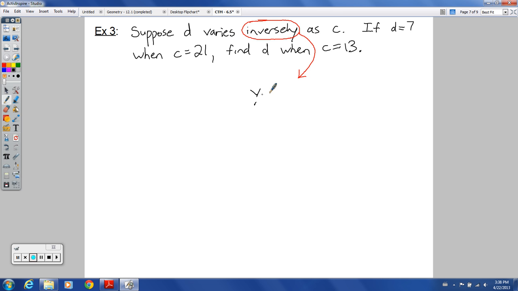I'll write it like that to start, but then we're going to replace the x with the c and the y with the d, because d is the one that's varying inversely as c. So this is your x value. This as part is your x value. The part that is varying with that is the y value. So this becomes now d equals k over c.